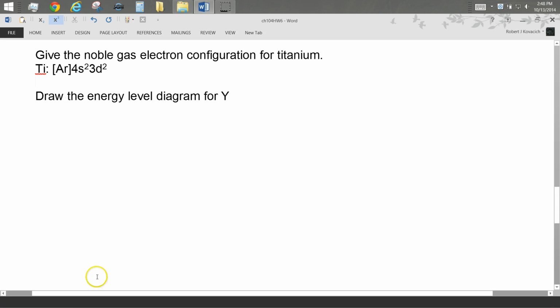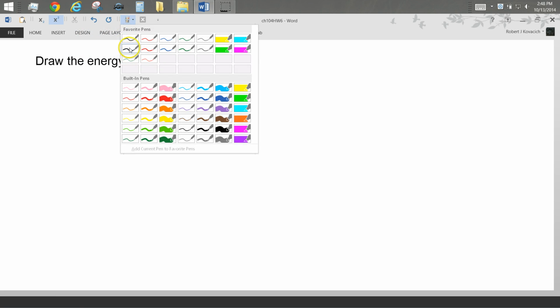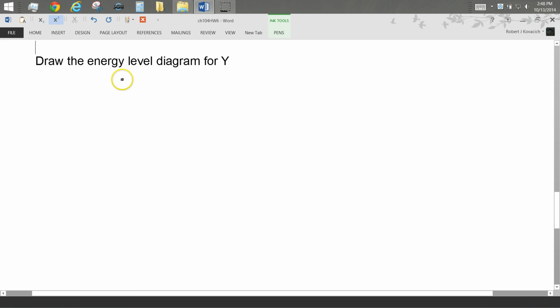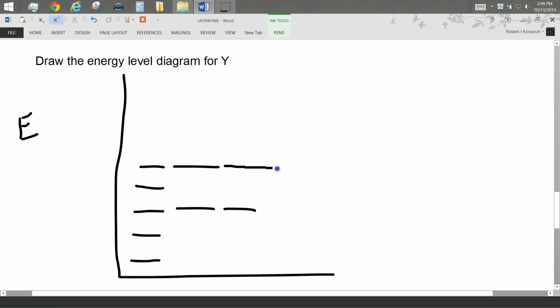Alright, so energy level diagram for yttrium. I don't think I can draw this with a mouse, but I'm going to try, just for the fun of it. So this is energy, and I'll have a line, and then a line, and then 3 lines, and then a line, and then 3 lines.